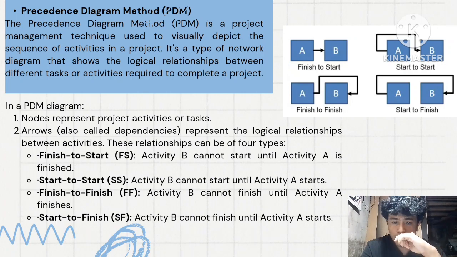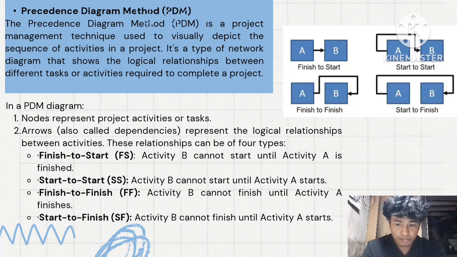It's a type of network diagram that shows the logical relationship between different tasks or activities required to complete a project. So, the finish to start: activity B cannot start until activity A is finished.